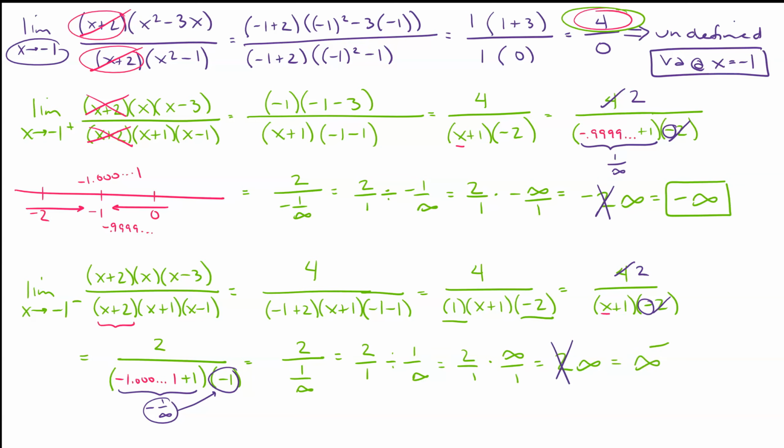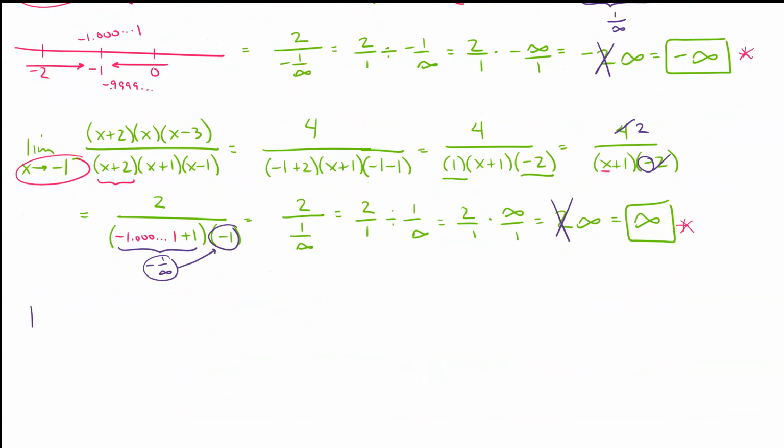I end up with positive infinity as I approach -1 from the left-hand side. Since our limit from the right is negative infinity and our limit from the left is positive infinity, this limit does not exist. And we would write that the limit does not exist.